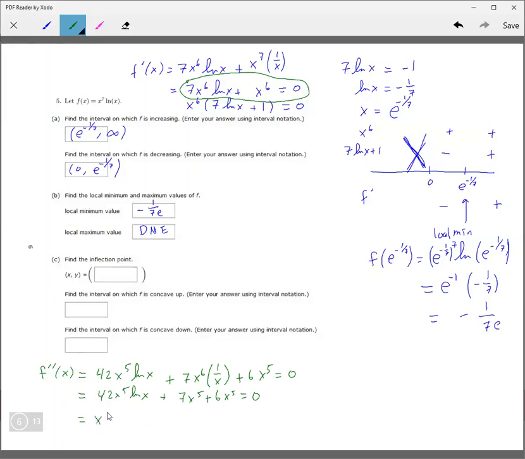I can factor x to the 5th out of everything. And that leaves me with 42 log x plus 13. The x to the fifth comes out, and I'm just left with the 13.